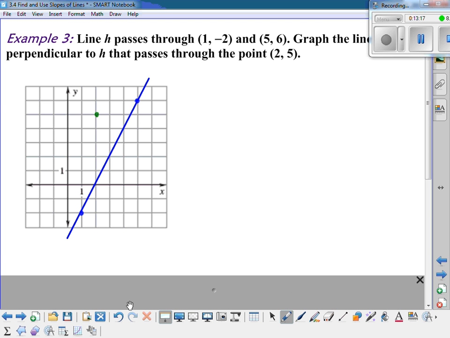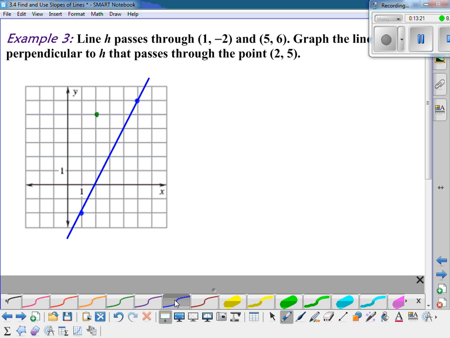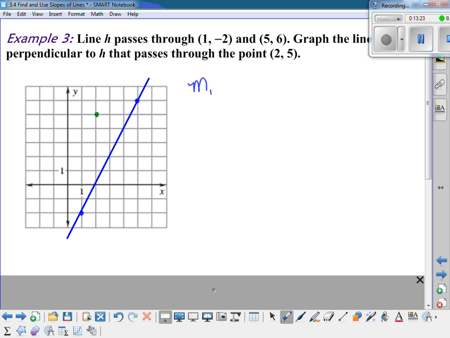So first of all, let me figure out the slope of line H. It's going to be 6 minus -2, so 6 plus 2 over 5 minus 1, which is 8 over 4, and that's 2.